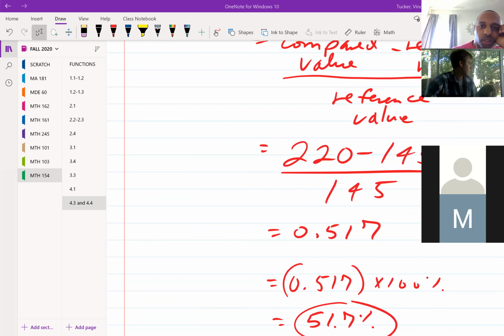All right, guys, waiting for it to come up. State whether the statement is true or false. Explain why. 8%.